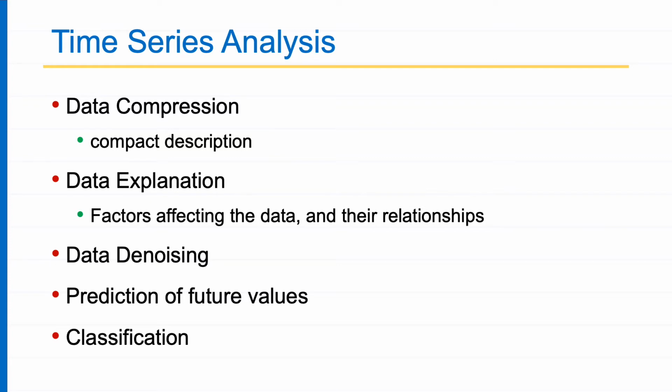Then next could be data explanation. I could analyze the time series for explaining the data, that is, why this happened, why that happened. So it's kind of analyzing the data, and what are the factors that affect the data and what are their relationships. For example, you are studying rainfall behavior. Suddenly you observe the rainfall has reduced. Immediately you will be interested in knowing what factor caused it to happen.